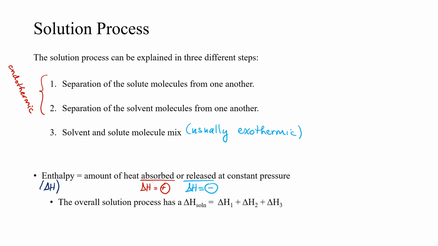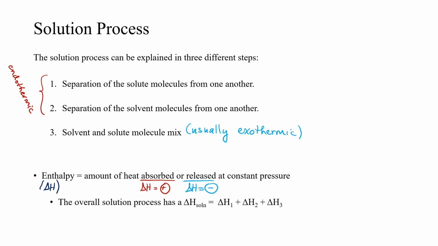When you do final minus initial, you have 15 minus 20. That's going to give you a negative number. So any process that is releasing energy has a negative sign for delta H.